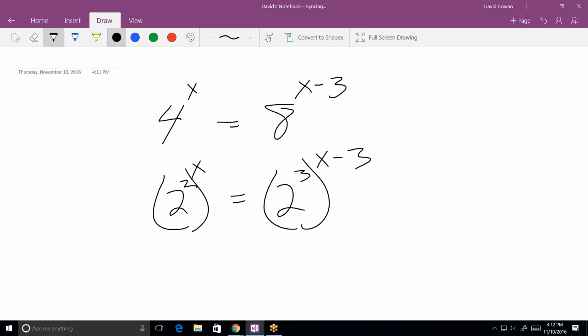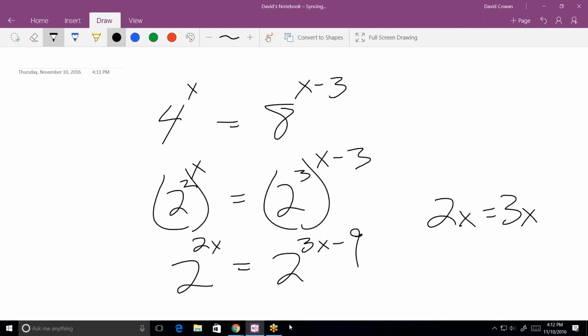Now I'm going to use the law of exponents, making that 2 to the 2x, making this 2 to the 3x minus 9. And now because I have the same base, I can equate exponents. So I can say 2x equals 3x minus 9, making x equal 9.